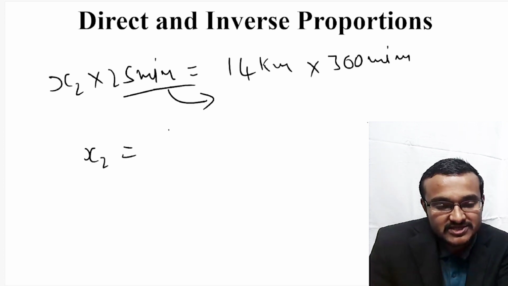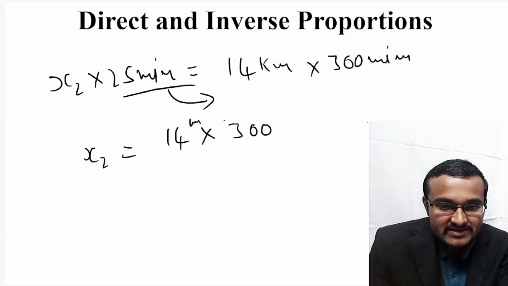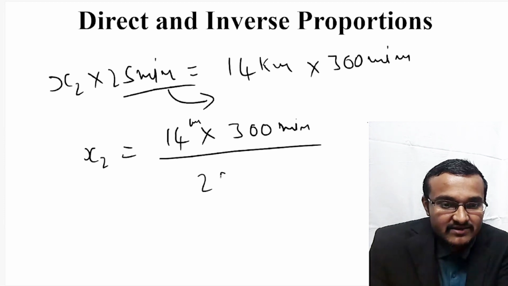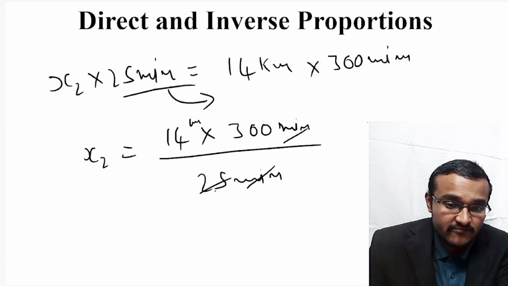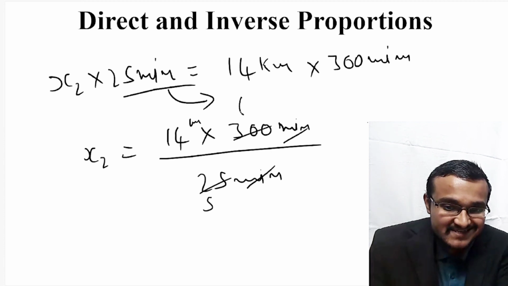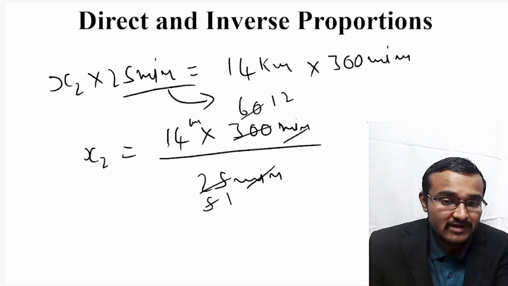It will be x2 is equal to 14 into 300, kilometer and minute, divided by 25 minute. So minute gets cancelled. So 5 5s are 25, 5 6s are 30, 0 is there. 5 1s are 5, 5 1s are 5, 2s are 10. So 12 will be remaining.